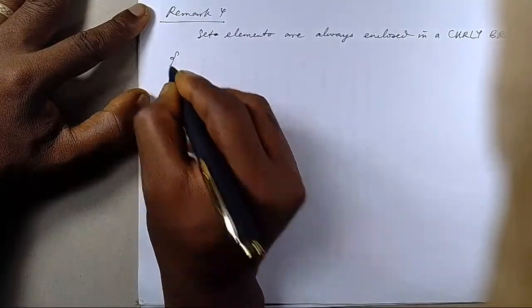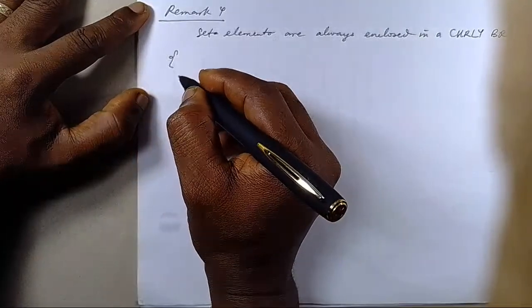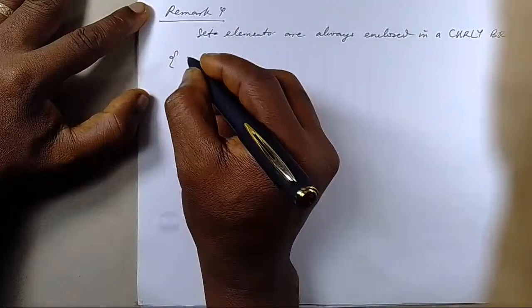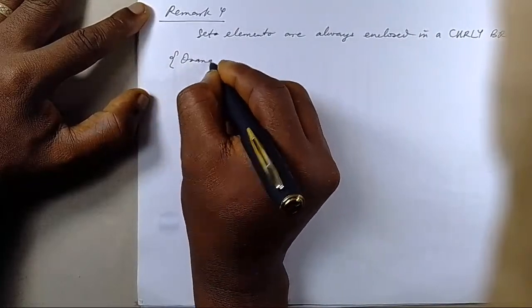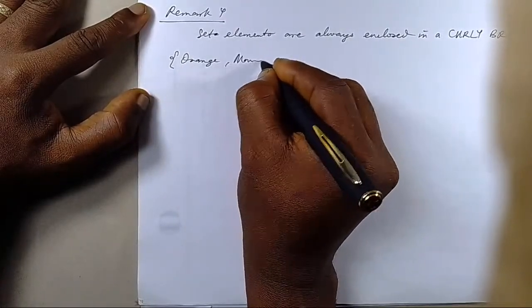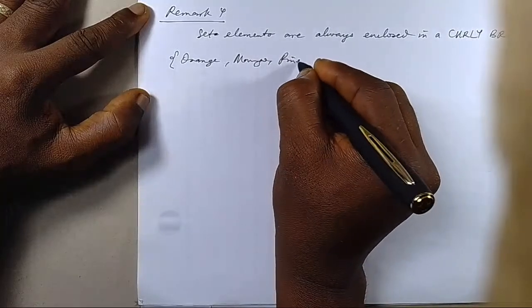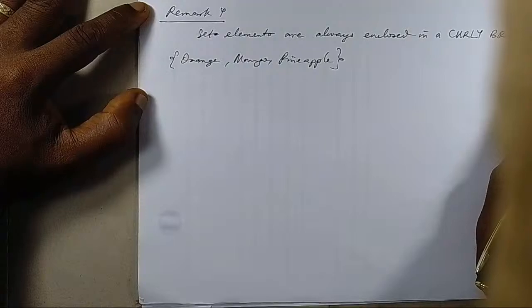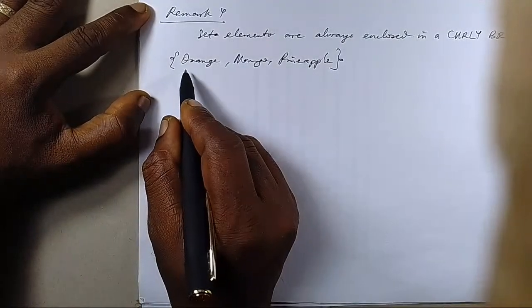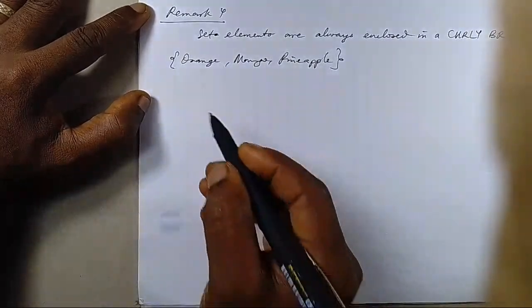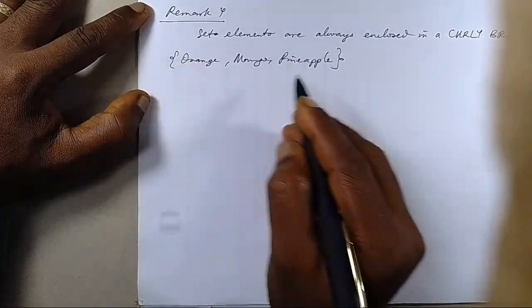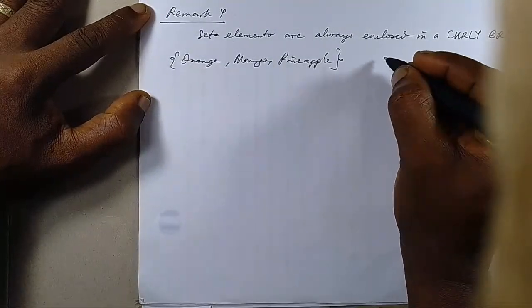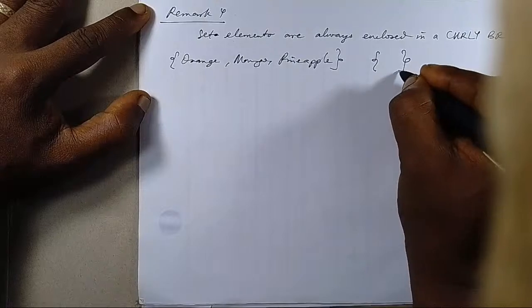In yesterday's class, I used curly braces in my example. So if, for instance, I have orange, mango, and pineapple as three fruits in a set we call the set of fruits, note that in putting these elements in that set, I have used a curly brace. A curly brace is something of this nature.